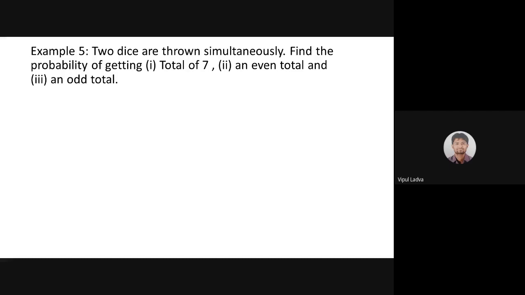What I'm doing is rolling two dice together. If I'm rolling two dice together, then my sample space will contain elements like 1 1, 1 2, 1 3, 1 4, 1 5, 1 6. Let me help you with the sample space, just this once. The sample space for rolling two dice together will be the collection of ordered pairs.